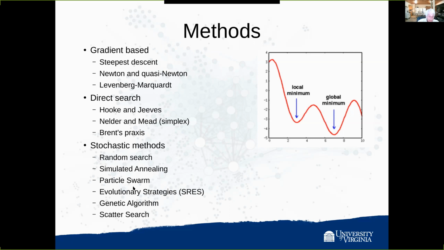And here are just a number of methods we provide in COPASI. All of these methods just basically give you the next best guess for the parameters. And then the evaluation is done by the model.